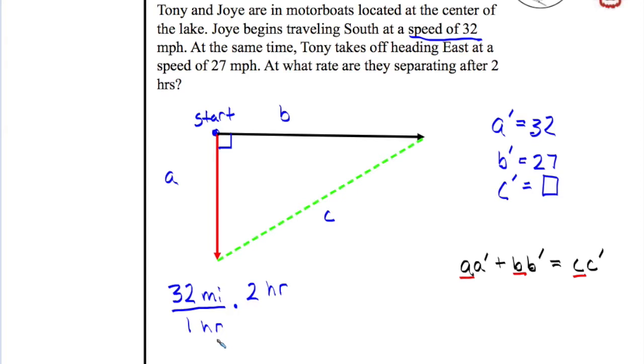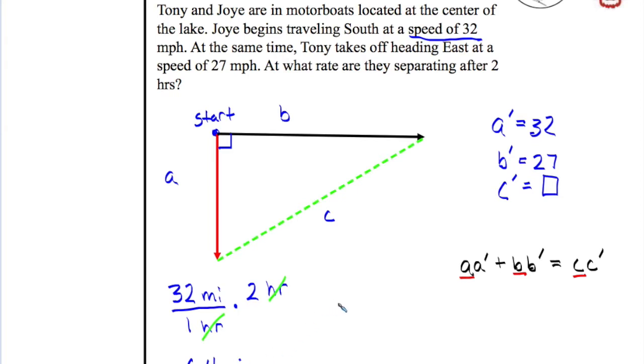Notice that hours and hours cancel out, and I just have miles. And how many miles have you gone in those 2 hours? 64 miles. So A is equal to 64.